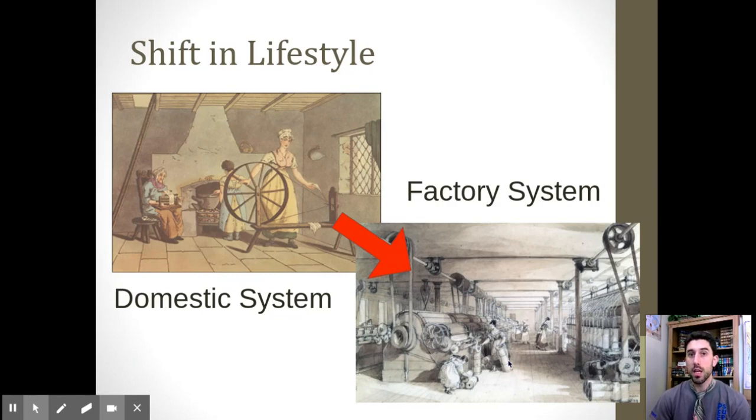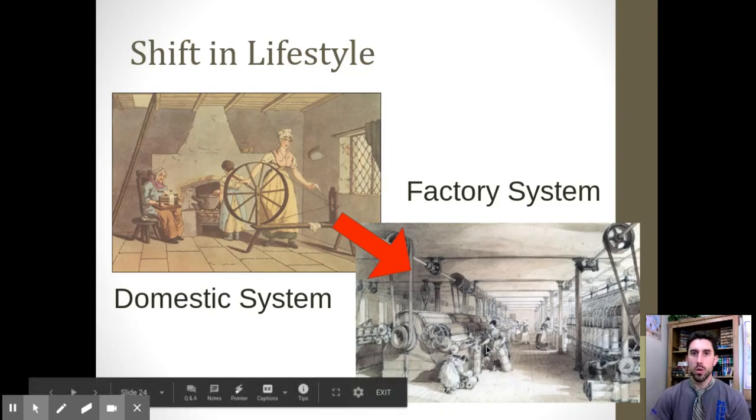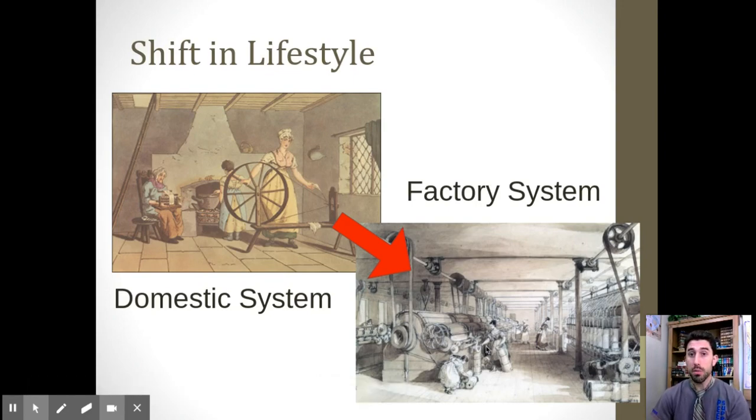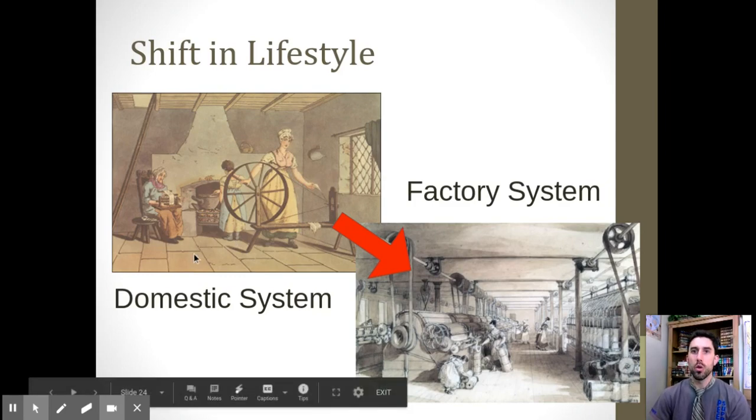So that's upsetting a very fundamental traditional role of women in the home. I know that's a whole issue of women's equality and women in the workplace today, but think about the drastic change when very suddenly you take the role of women, for instance.